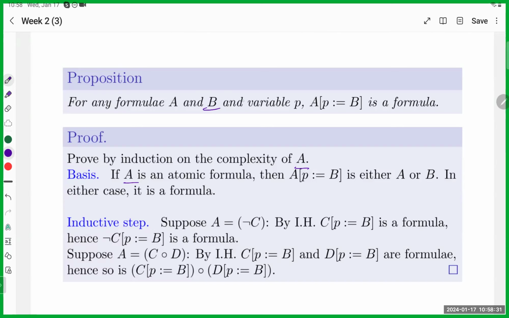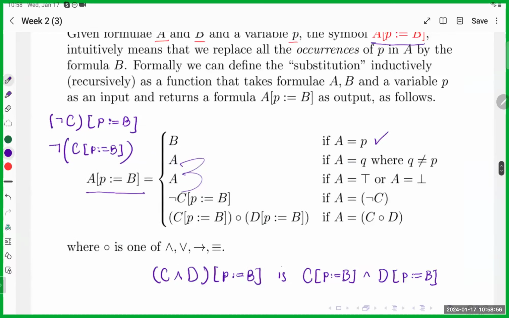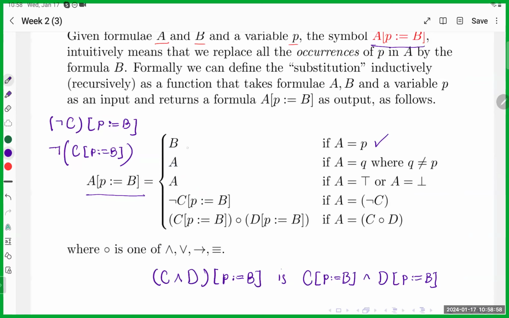So first you assume A is an atomic formula, and you show that this is a well-formed formula. So the statement holds for atomic. If A is an atomic formula, then by definition here, these three cases correspond to A being atomic.